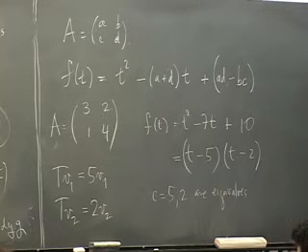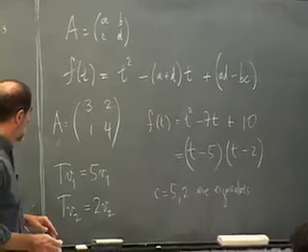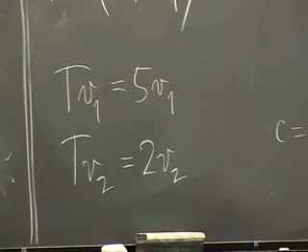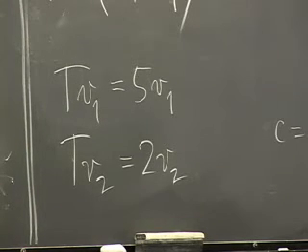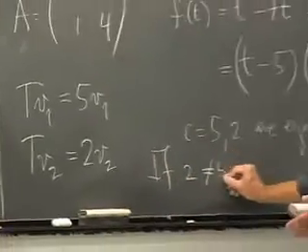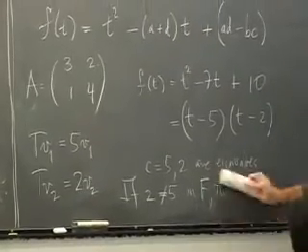Because if you apply T to one of them, it multiplies by 2, but if you apply T to the other, it multiplies by 5. So 5v1 can't equal 2v1 unless v1 is 0, or unless 5 is equal to 2. Can 5 be equal to 2? No. So okay, good. If 2 is not equal to 5 in our field F, we get a basis.